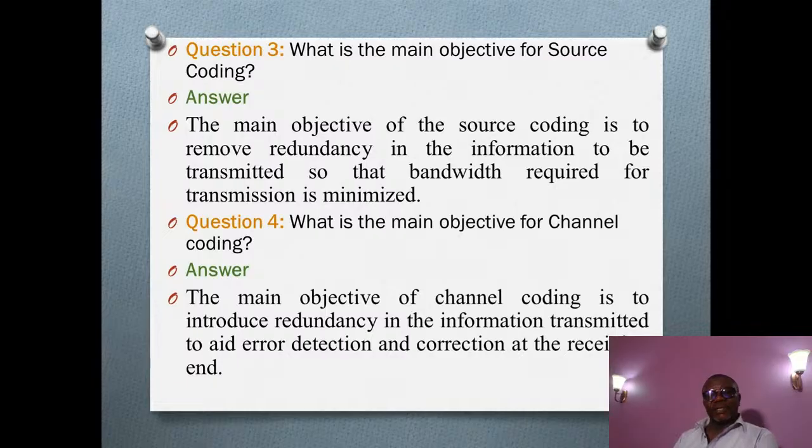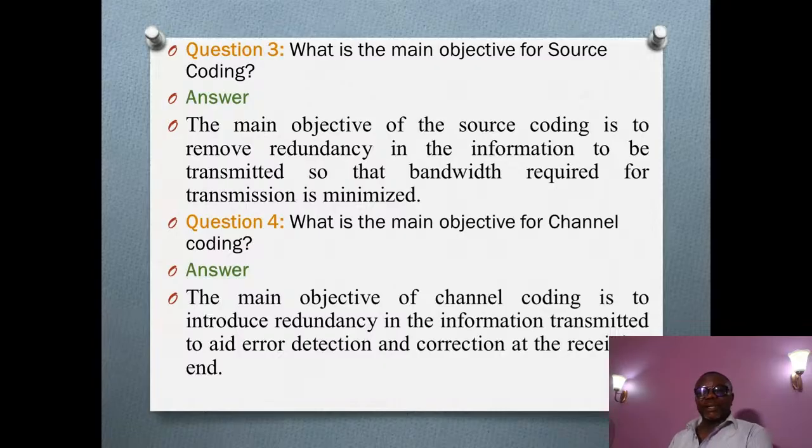And when these redundant bits are introduced, they help in detecting errors and correcting them at the receiving end. So the main objective of channel coding is to introduce redundancy in the information transmitted to aid error detection and correction at the receiving end.